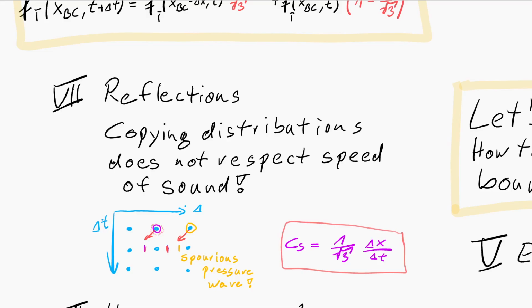So what happens if we copy the distribution from the node here to here is that we also copy the pressure wave, and this pressure wave that we copied will now enter the domain in this position here. So we introduce a spurious pressure wave, and this spurious pressure wave is, of course, coming as a reflection on the boundary.